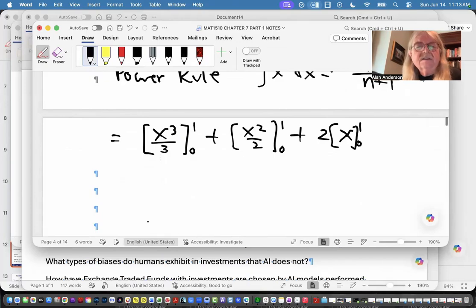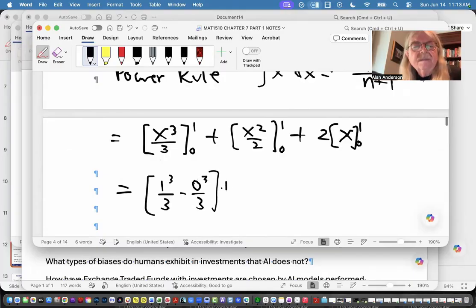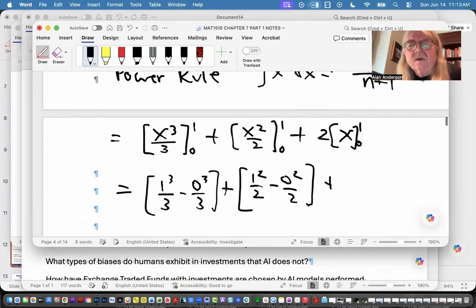All right, so let's do the substitutions. And this one is particularly simple because the lower limit of integration is 0, which makes things a lot simpler.